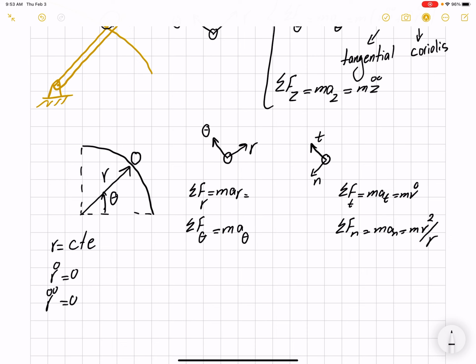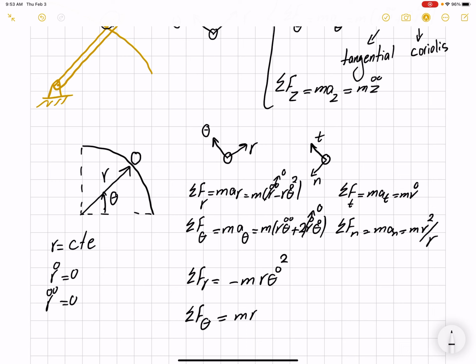So in this equation, m r double dot would go to 0, and I have m r theta dot squared, so that component would be present. Here r theta double dot would be present, but the Coriolis component would go to 0 because I don't have any r dot. So here my summation of forces in r will be reduced to negative m r theta dot squared, and summation of forces in theta would be reduced to m r theta double dot.